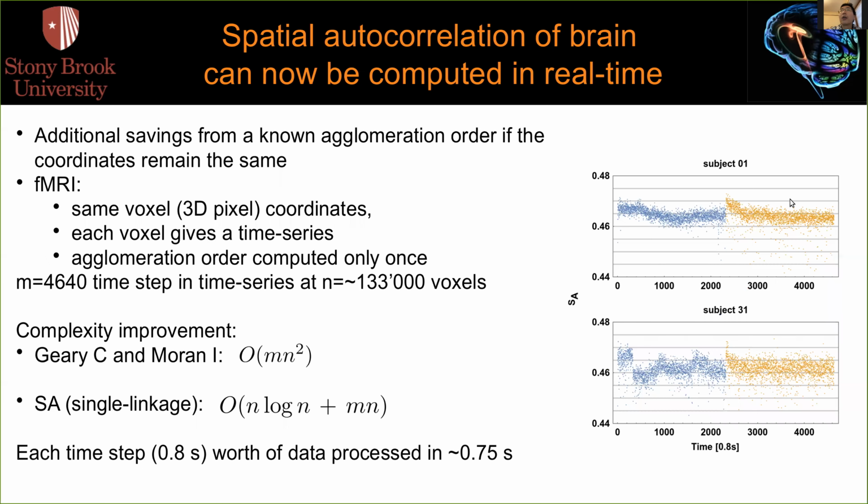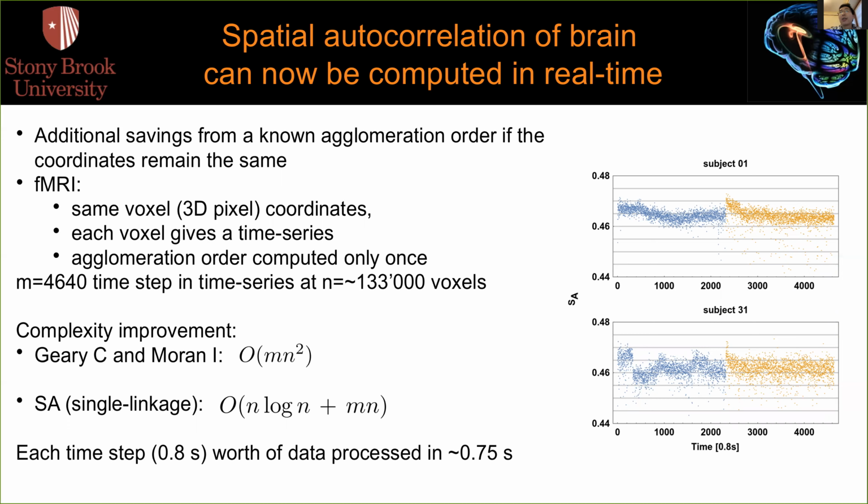Now, because we are doing the computation in two stages, the merge order calculation and then the statistic calculation, we can have additional savings if the merge order that we computed once can be recycled.